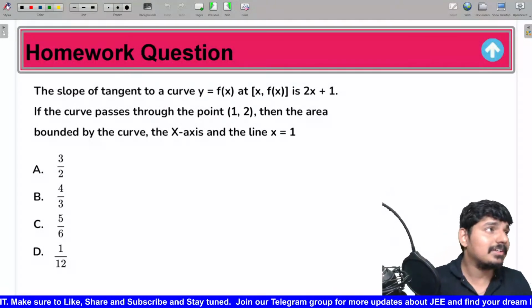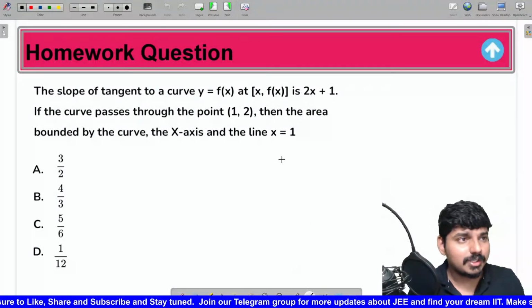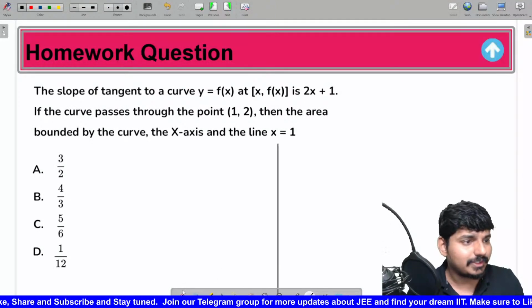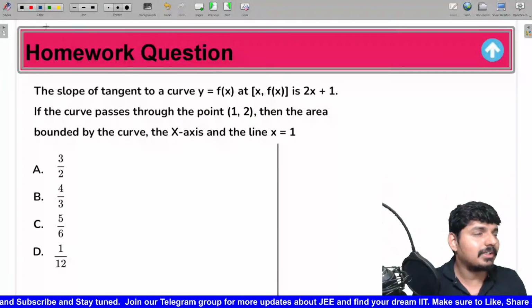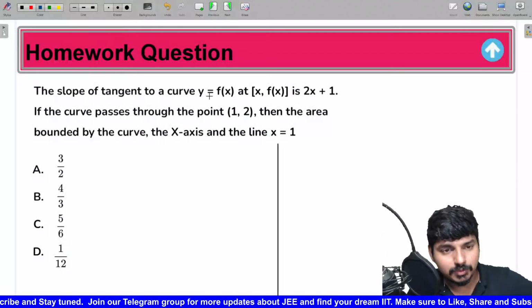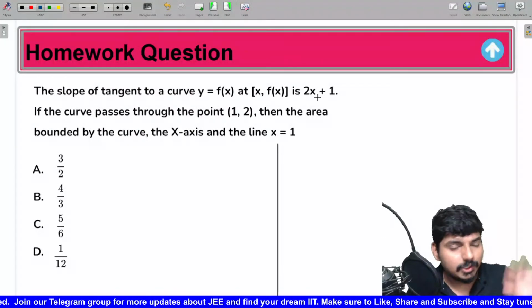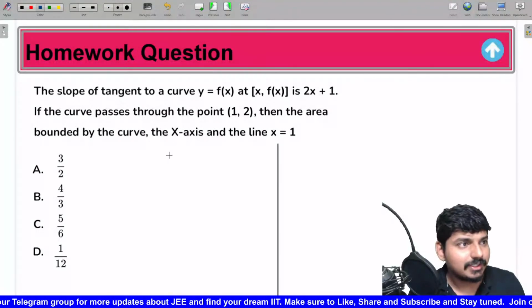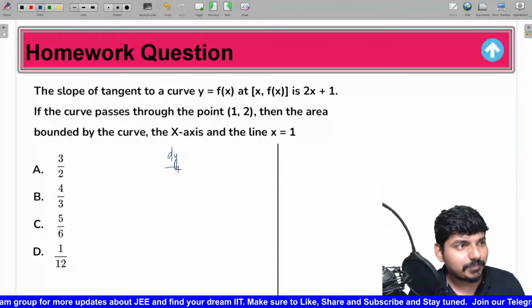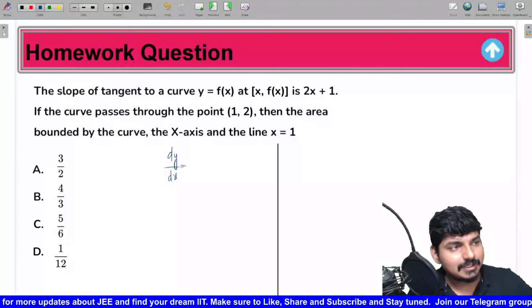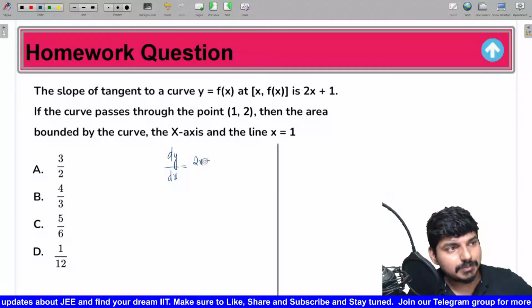See here this question. The slope of a tangent to this curve y equal to f of x at x comma f of x is 2x plus 1. We know the slope of any tangent is given by dy by dx, and that is equal to 2x plus 1.